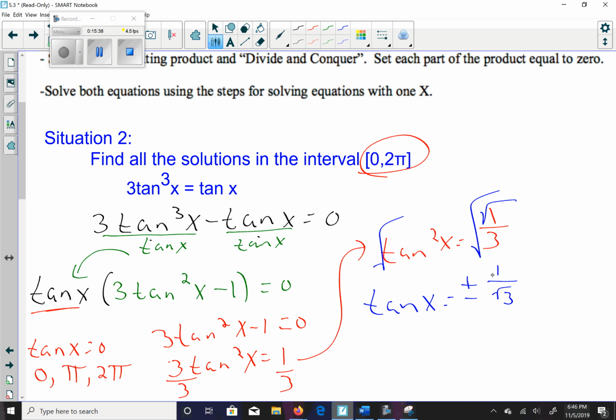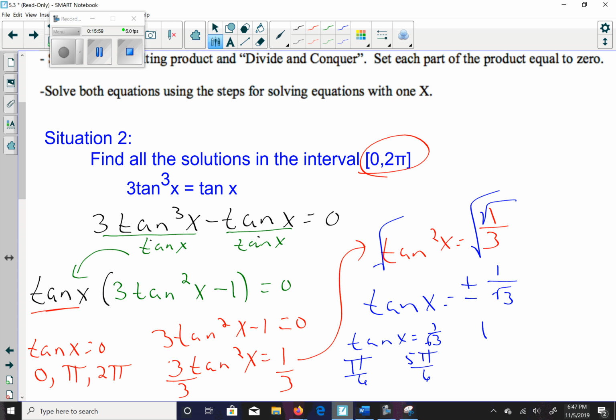Then I'm going to ask myself, when is the tangent equal to 1 over the square root of 3? It's going to be a positive 1/3. Tangent of x is equal to a positive 1 over the square root of 3 at pi over 6 and 7 pi over 6, my bad.